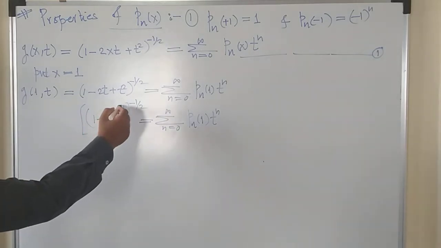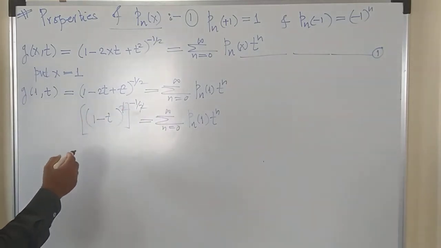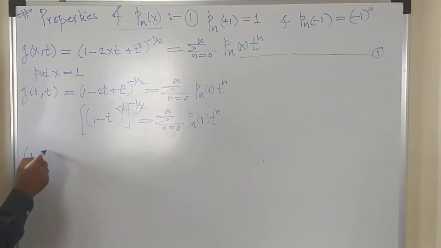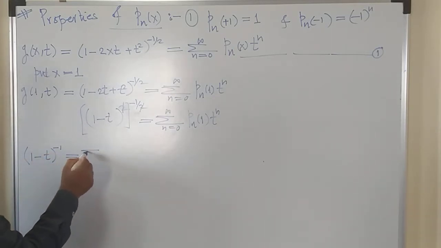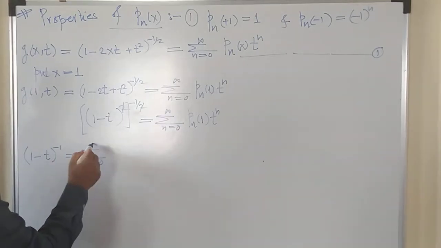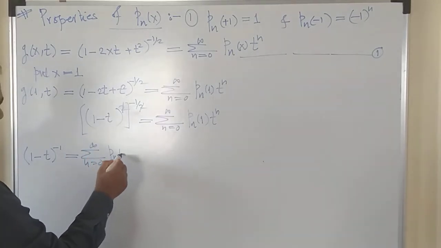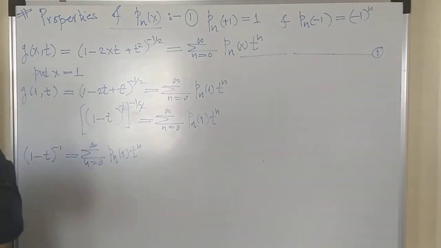The square and the power minus half get cancelled, and you will get (1 minus t) raised to power minus 1, which equals summation n equals 0 to infinity Pn of 1 into t raised to n.